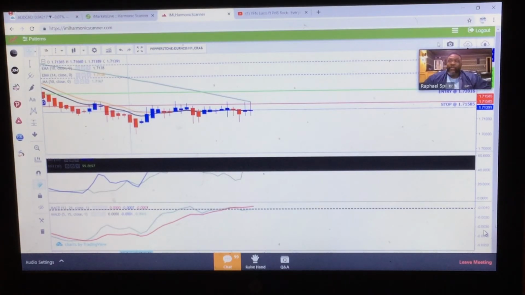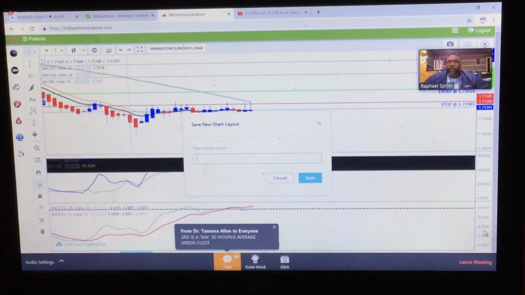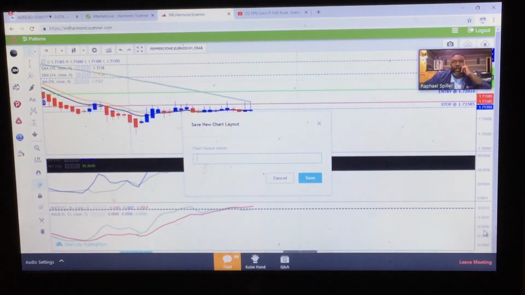But to save it, go up here. Look at these indicators right here, right? To save this, you're going to go up here, and you're going to click the one with the black arrow. Not the white. You're going to save this. This is going to download or upload the chart that you put in.